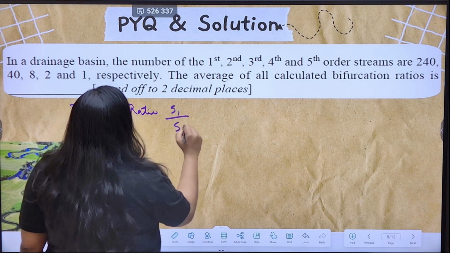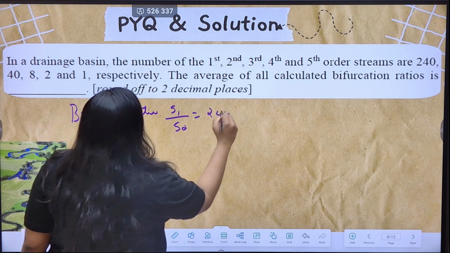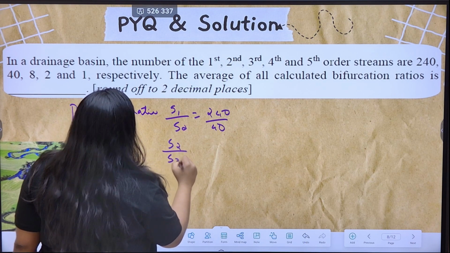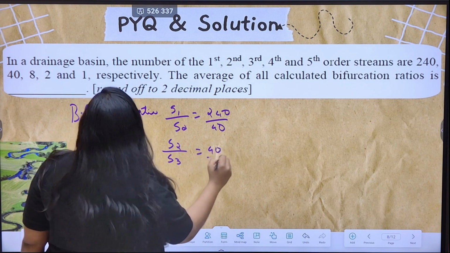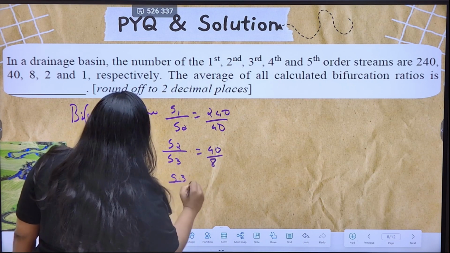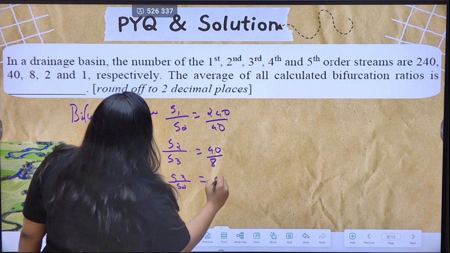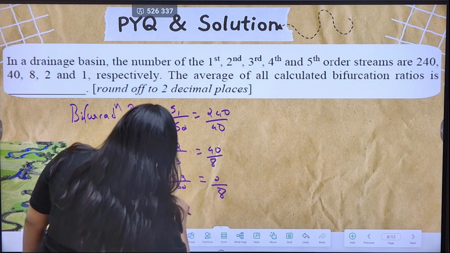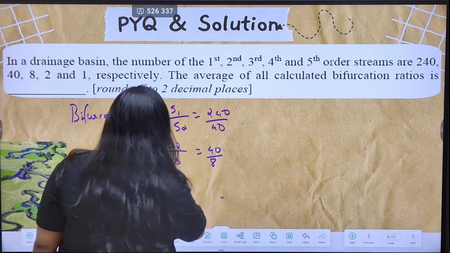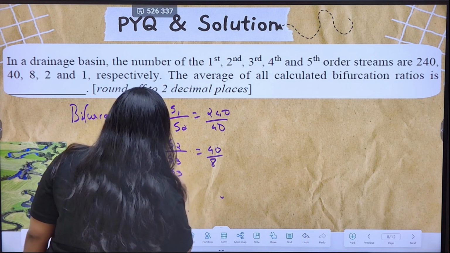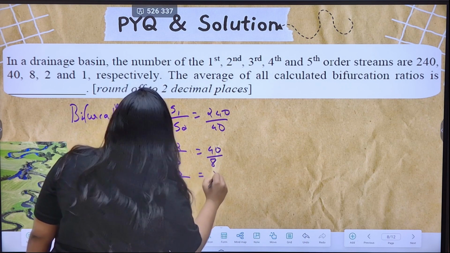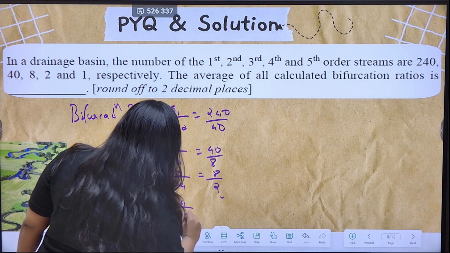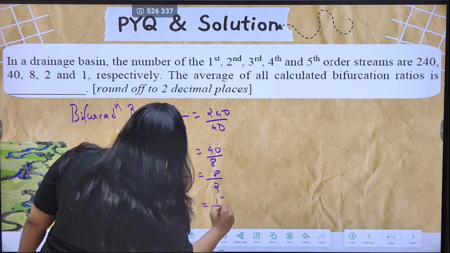So S1 by S2 is 240 divided by 40, S2 by S3 is 40 divided by 8, S3 by S4 is 8 divided by 2, and S4 by S5 is 1 divided by 2.